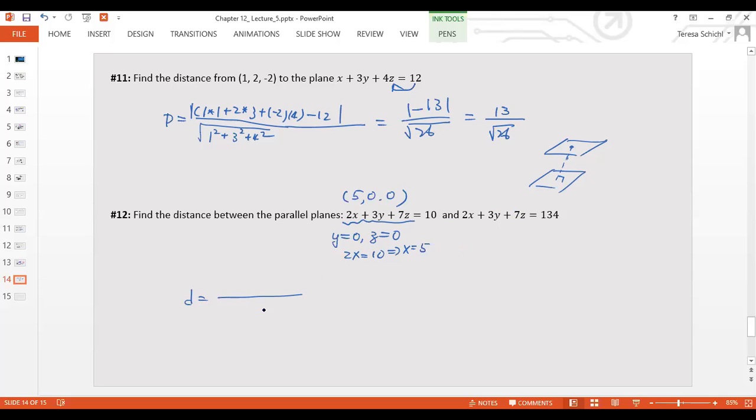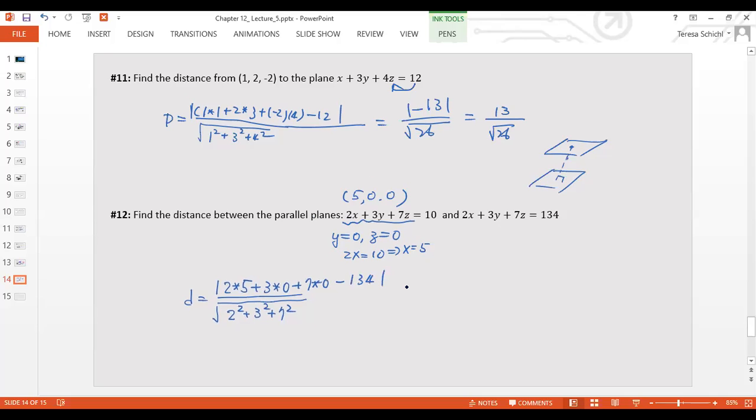We can just use the same formula like we had before. So it's 2 squared plus 3 squared plus 7 squared. Then you plug in this point, so this will be 2 times 5, then plus 3 times 0, then plus 7 times 0, then minus 134.